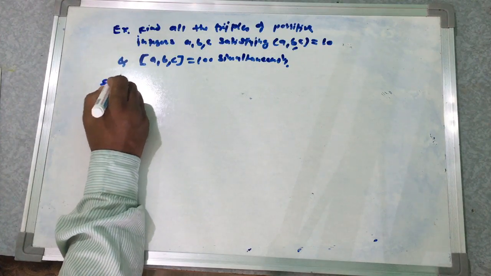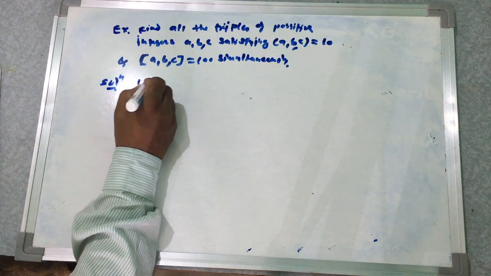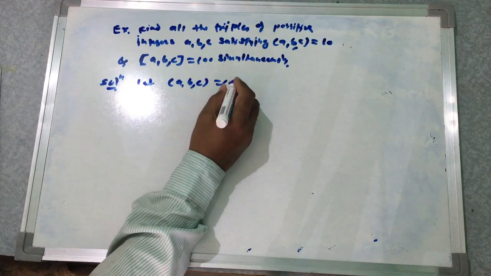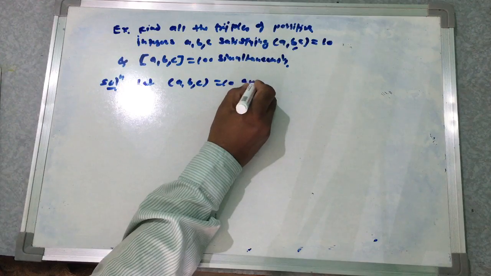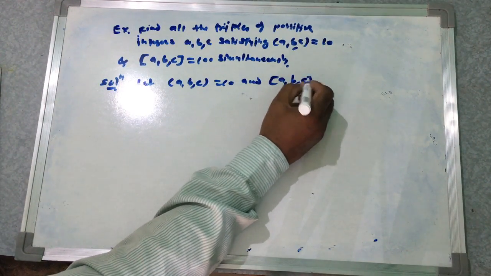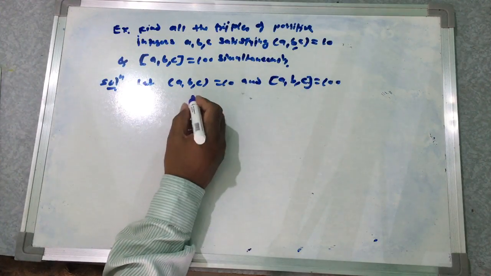So solution for this: let (a, b, c) be 10 and [a, b, c] be equal to 100.